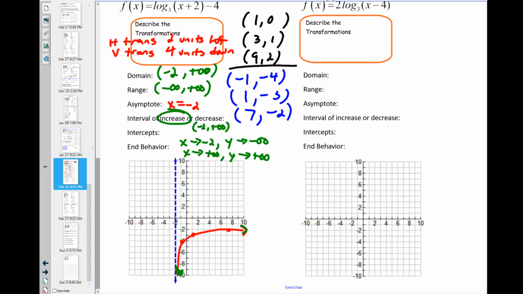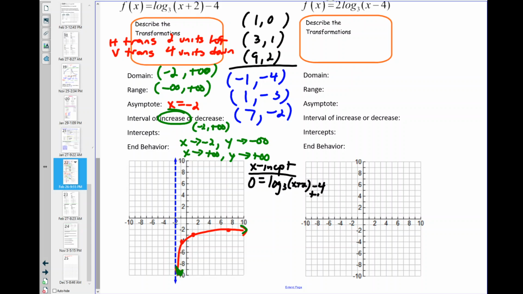Let's see if we can find the intercepts. Well, that x-intercept is going to be big. That's fine. How do we find an x-intercept? Put a 0 in for y, so let's do that. 0 equals log base 3 of x plus 2 minus 4.